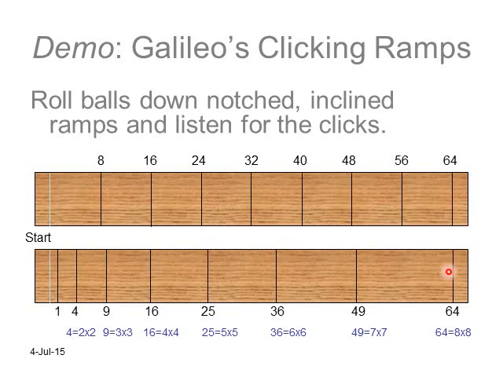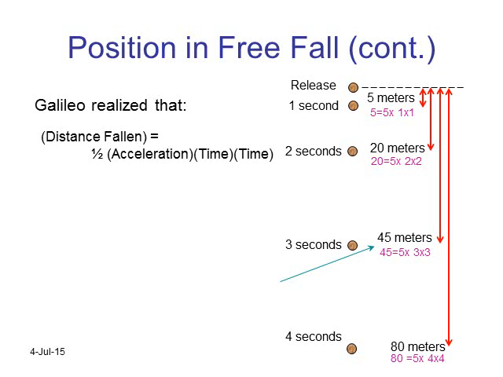It's going to be an even click, click, click, click, click. Whereas if you rolled it here, we know from experience that they would actually speed up. He was able to figure out this ratio, and you can see it's actually an exponent. We're going to square the time to get the distance. He was able to do that using ramps and listening to the noise these balls made, which was pretty clever.